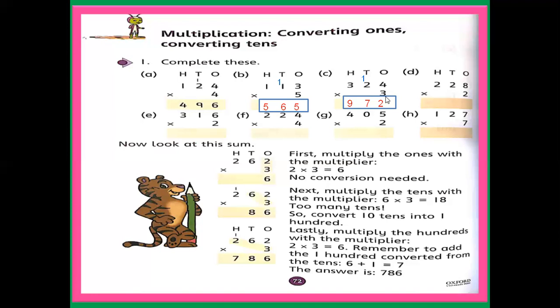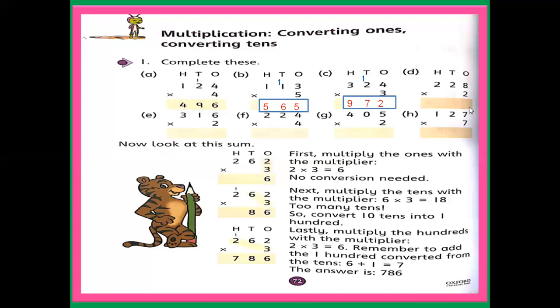Okay, and then again multiply 3 with 3. 3 threes are 9. First with 4, then with 2, then 3, one by one. 3 fours are 12, 1 right here to add into 10. 3 twos are 6. First multiply, then add. Okay, 3 twos are 6 plus 1, 7, and 3 threes are 9.